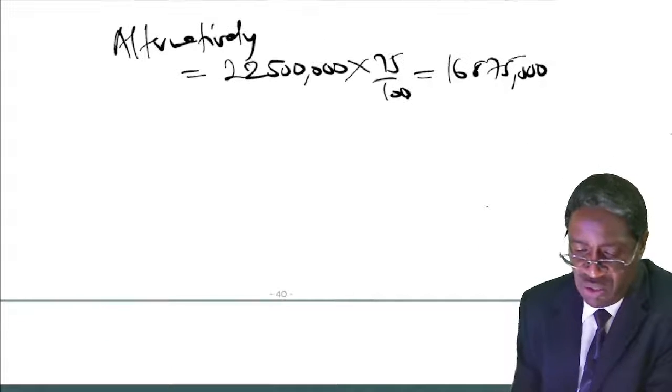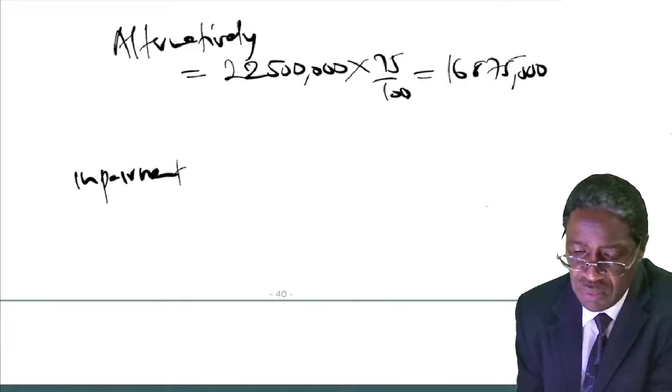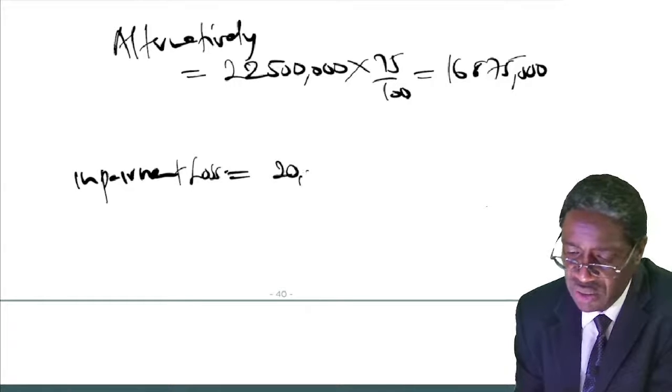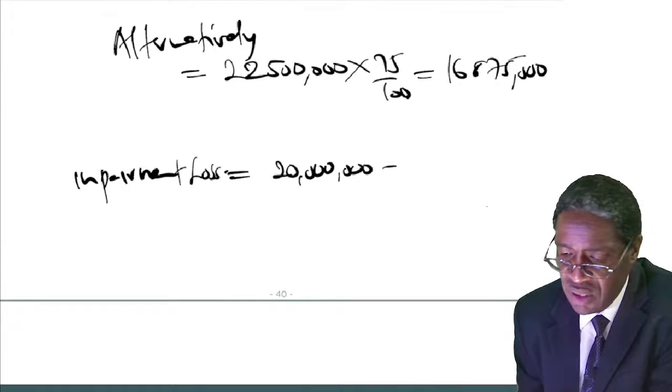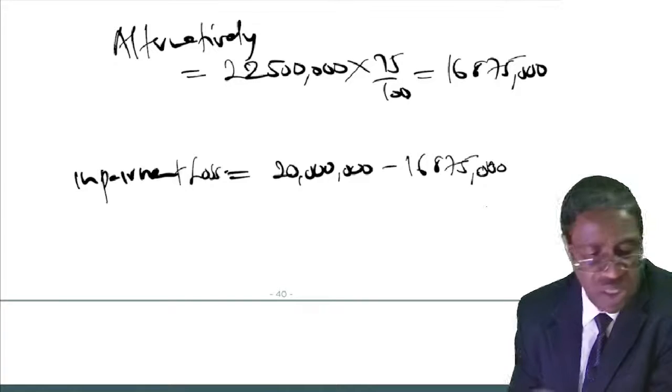Good. So below that, write: impairment loss equals 20 million minus 16,875,000.